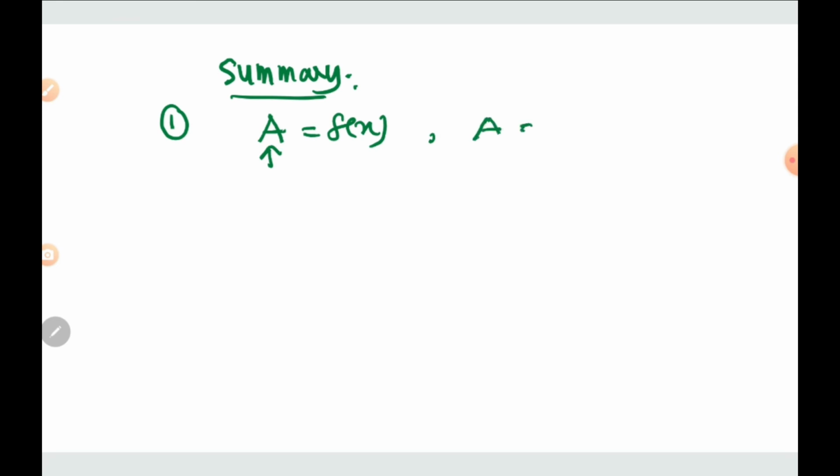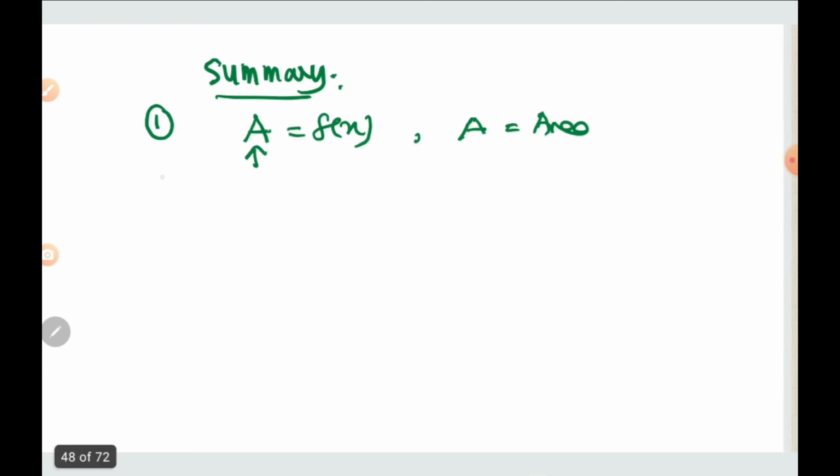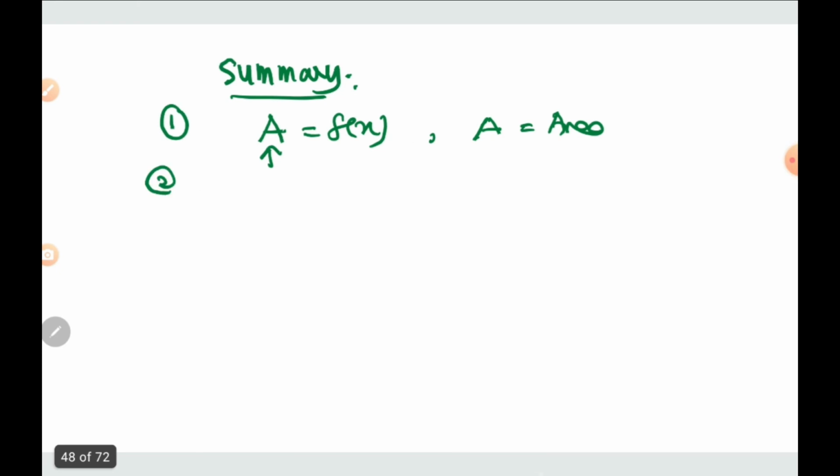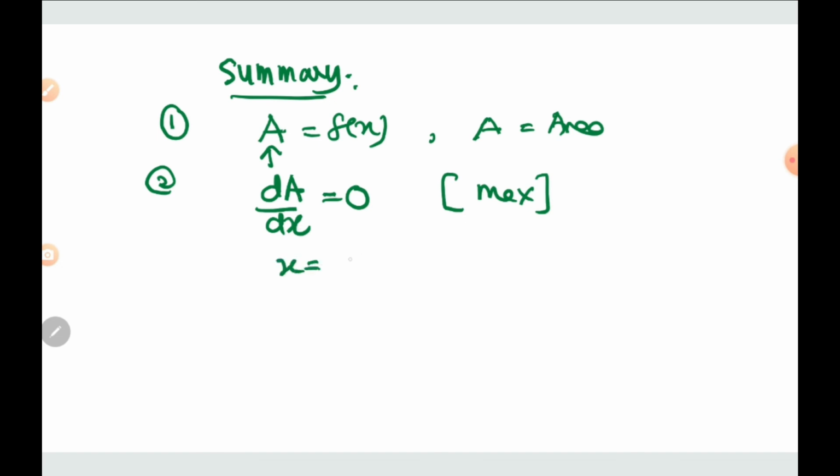Secondly, you need to find the first derivative dA dx and set it equal to 0 to get the maximum area. Then when you solve, you will get x equals to plus and minus root 2. Okay, I only choose root 2 here.